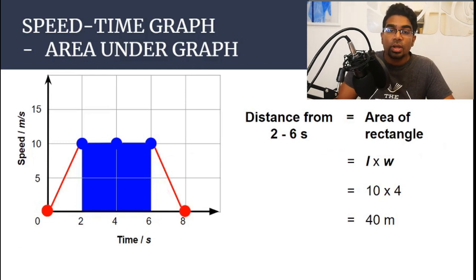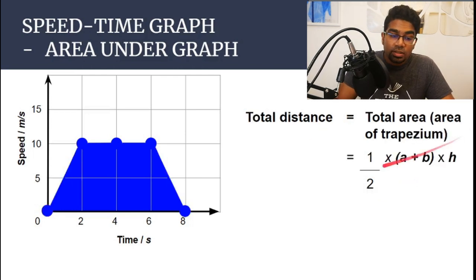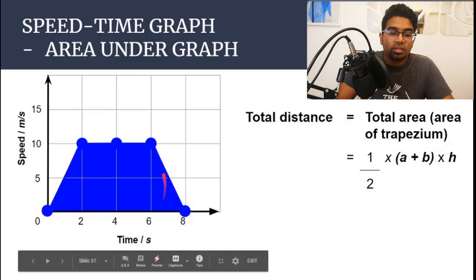Now what if we wanted to find the total area? If the question asks you what is the total distance traveled by the object, the total distance will be the whole area under the graph. And for this shape here, if you're not sure, you can separate it into 2 triangles and a rectangle in the middle. However, this is a trapezium, and we can find the area under the graph by directly calculating the area of the trapezium.